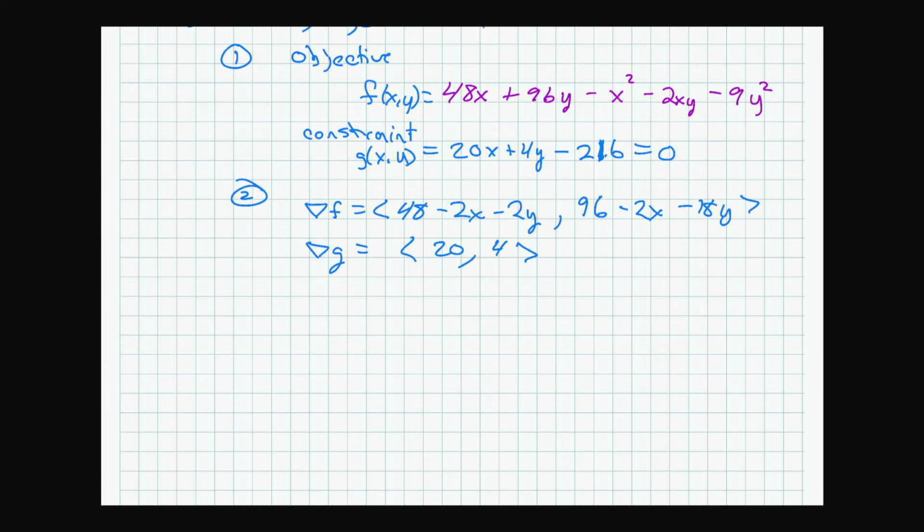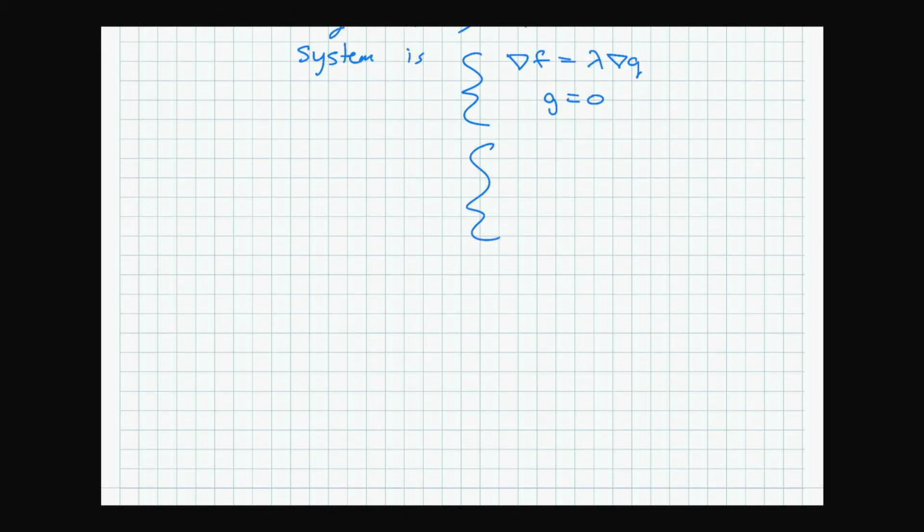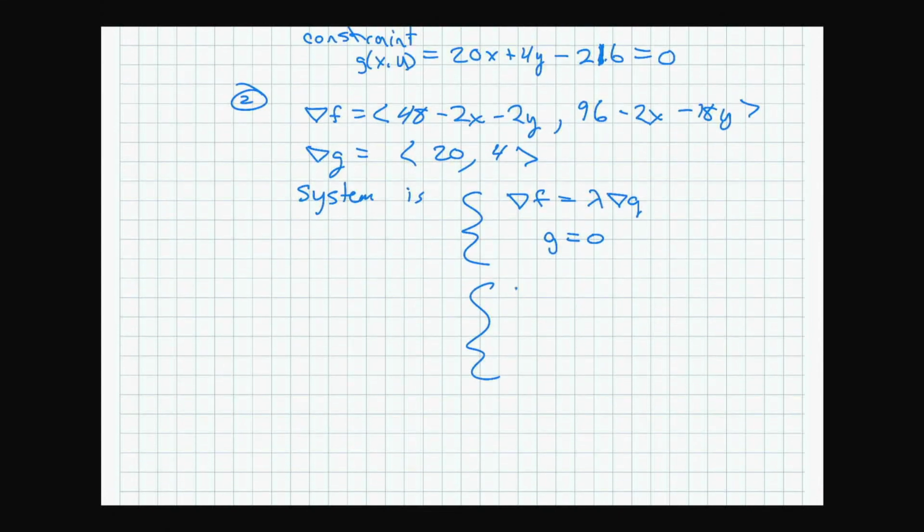So then the equations that we have to solve are as follows. Our system is, we know gradient f equals lambda gradient g, and g equals 0. Let's start filling this stuff in. The gradient f is 48 minus 2x minus 2y, 96 minus 2x minus 18y, equals lambda times 24.